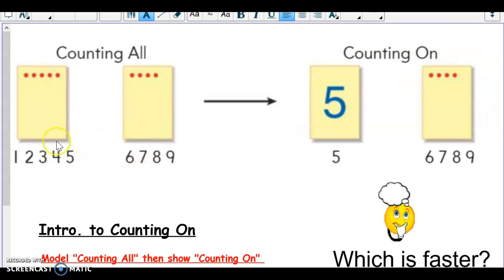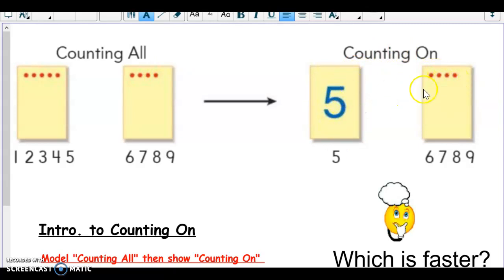So there's 2 strategies you can use when you're doing addition. We have counting all or counting on. So counting all would be if I had an equation and I was going to count all the dots, every single one. So I would count 1, 2, 3, 4, 5, 6, 7, 8, 9. Counting on is when you start at a number and go up from there.